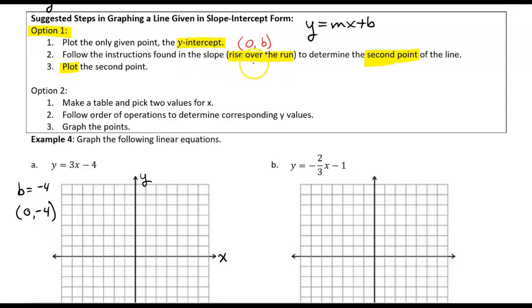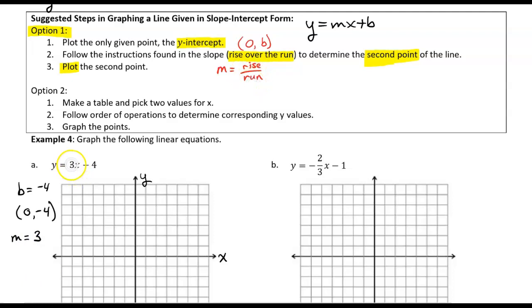Then I'm going to need my slope. Remember, this is the m value. In fact, why don't we write that? Let's write m is equal to rise over run. Over here, my m value is 3. But my m should have a rise and a run.